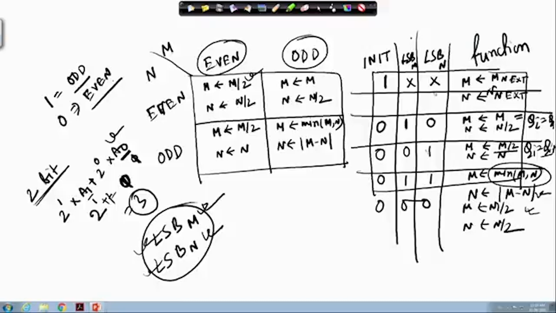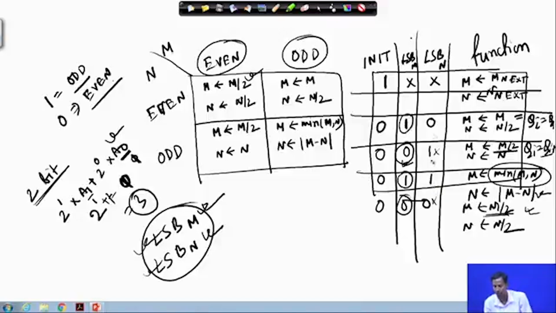Here the interesting thing you can see is, whenever this value is 0, whatever the value of the LSB of n is, whether that is even or odd, it does not matter. Whenever the value of m is 0, at that time it does the same thing, that means m by 2, and here also m by 2. But for the odd case, it has different functionality.